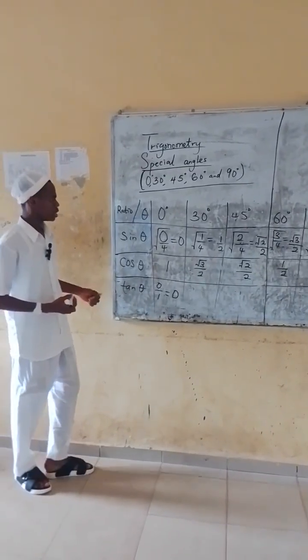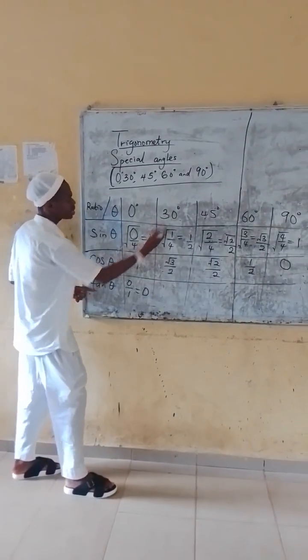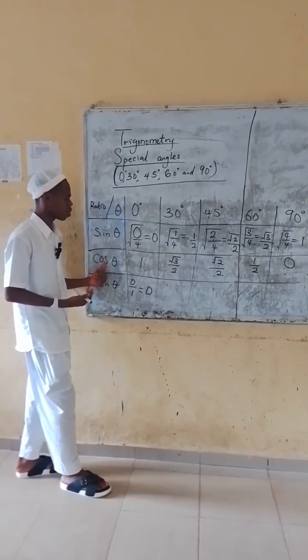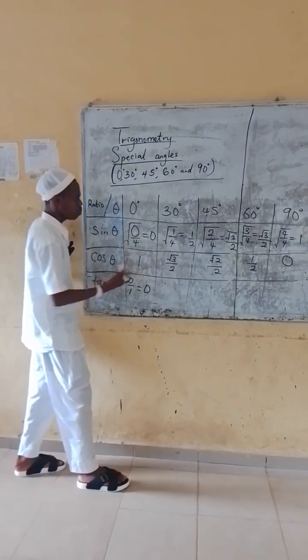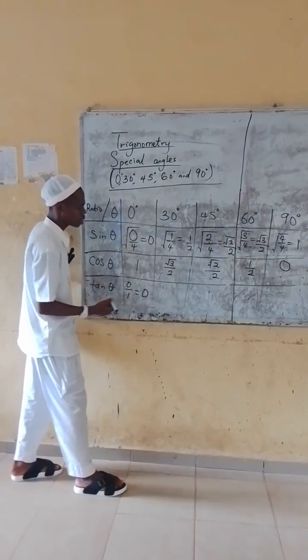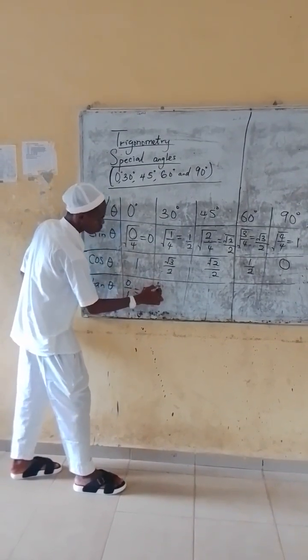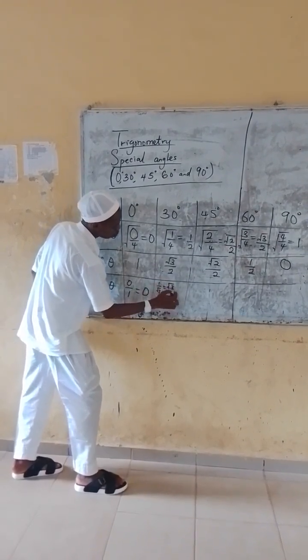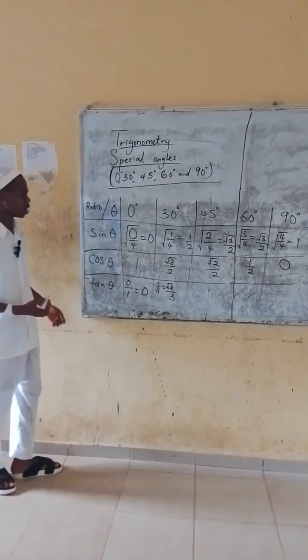That's for tan 0. Then the next one is 30. Tan 30 will be the same thing as sine 30 divided by cos 30. Now, sine 30 divided by cos 30 gives me 1 over root 3, which is the same thing as root 3 over 3 when I rationalize.